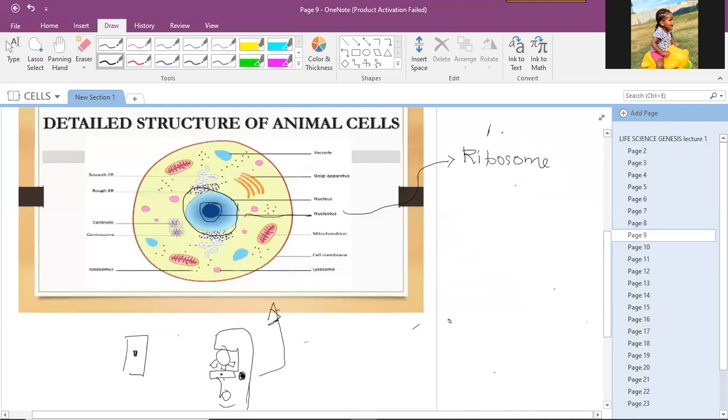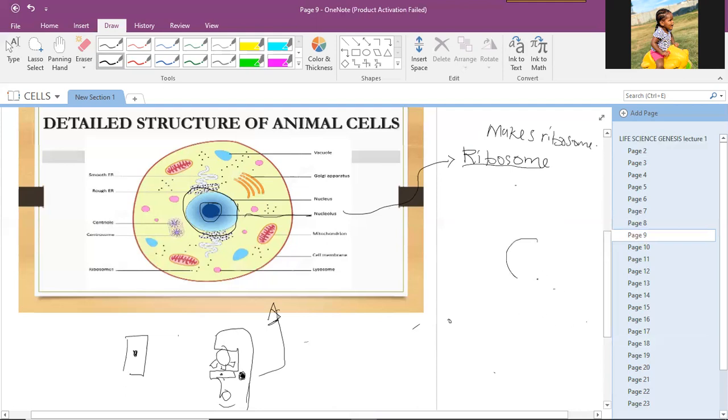It makes ribosomes. The nucleus contains DNA, it's the instructions of the cell. Then the nucleolus here makes ribosomes. We're going to talk about the structure of ribosomes very soon.